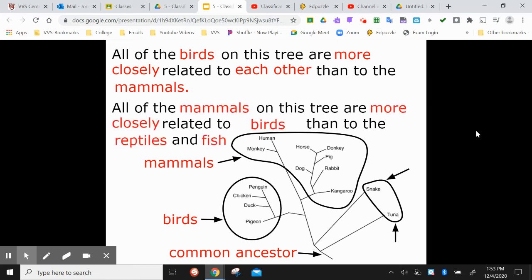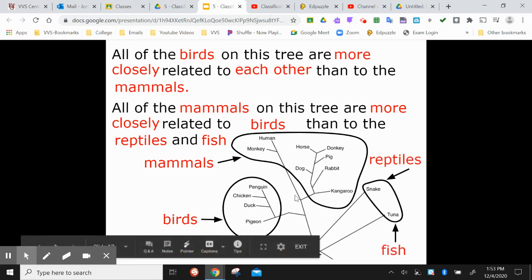All of the mammals are more closely related to birds than they are to the reptiles and the fish, because these two groups right here have a common ancestor way down here. But to get a common ancestor for all of them, you have to go way back to here.